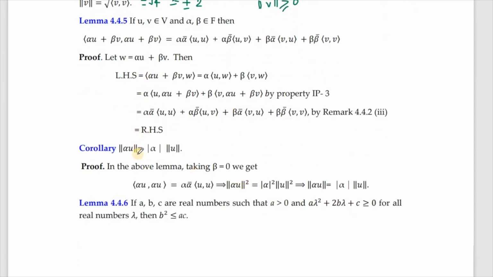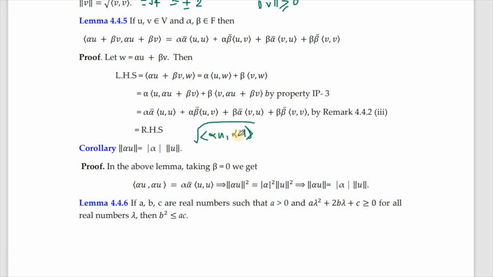As a corollary to this, suppose your beta is 0. Then you will have the inner product of alpha u with itself. So this is the norm squared. The norm will be, when you consider mod alpha, alpha conjugate, square root. Actually it is like this: the inner product of alpha u with itself, and the square root of this you have to take.